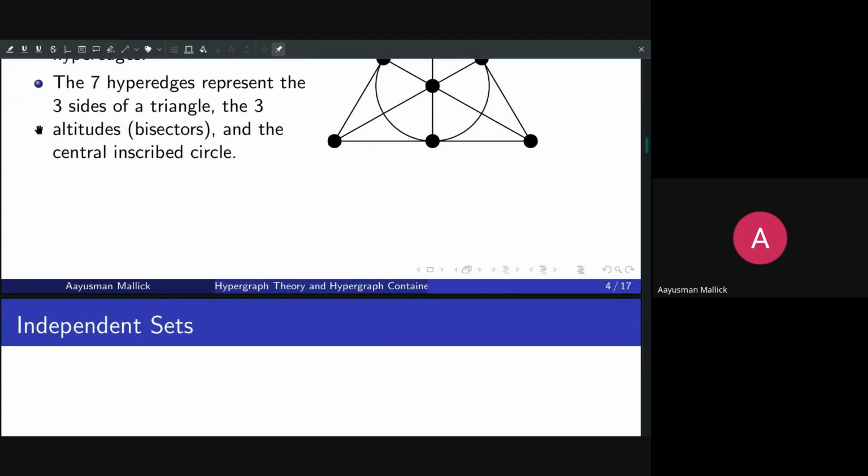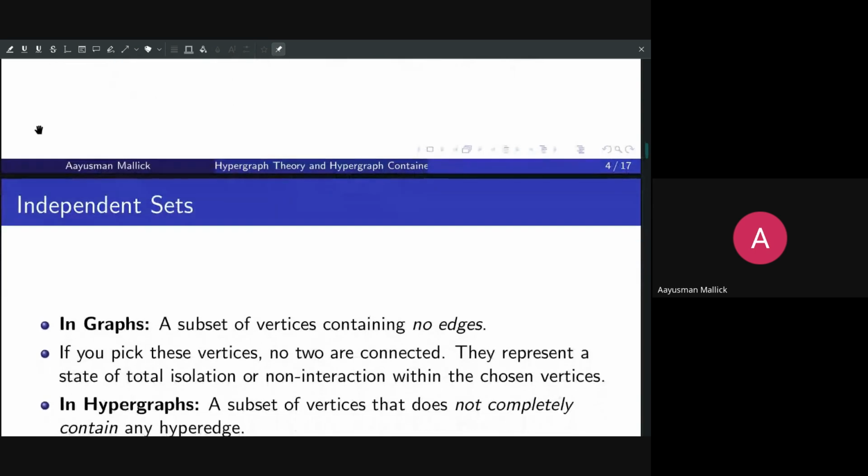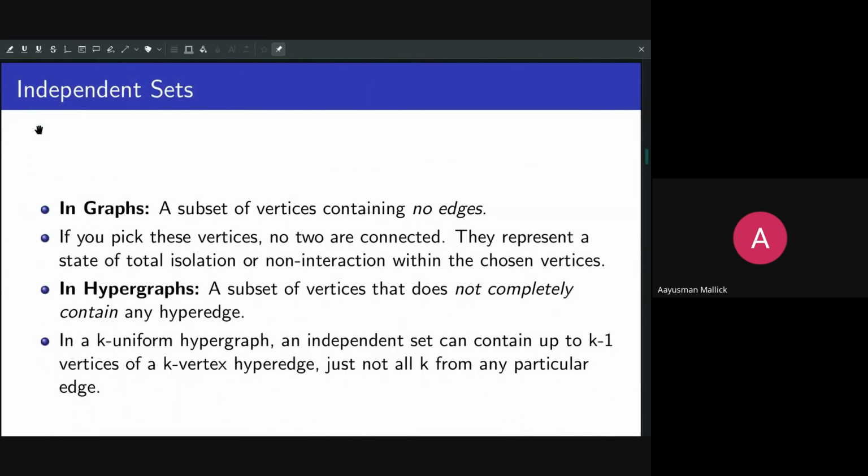Now, we proceed to a related concept regarding graphs and hypergraphs. What do we term as independent sets? Now, why are we trying to consider this? It will come handy.